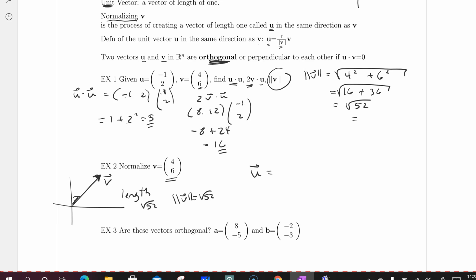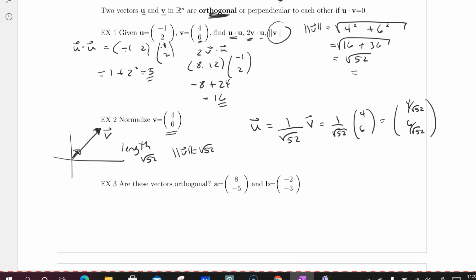So it'd be me finding this little vector here. That would be 1 over root 52 times my vector v. I'm just going slow, you don't have to go this slow. So times the vector v, 4, 6. And that's fine to leave it like that. Or you might want to write it like this, 6 over root 52.